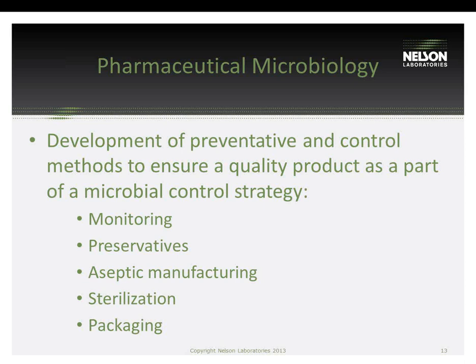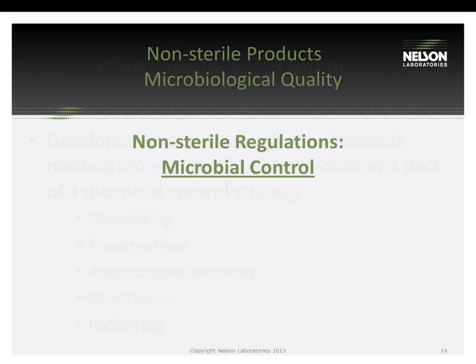So monitoring is important: looking at all the products, having raw materials tested, finished products tested, monitoring the environment, use of preservatives for multi-dose products, aseptic manufacturing and sterilization for the right areas, and packaging to ensure that the container closure system is appropriate for the product.